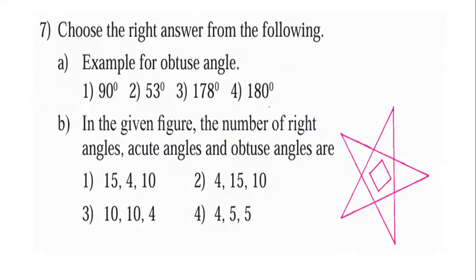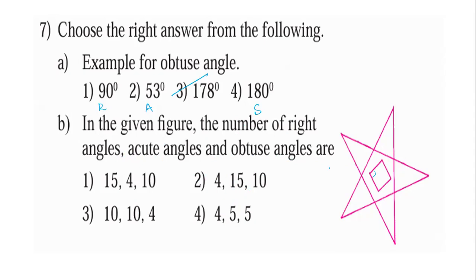Next, choose the right answer from the following. A. Example for obtuse angle. This is a right angle. This is an acute angle. This is a straight angle. This is an obtuse angle. In the given figure, the number of right angles, acute angles, and obtuse angles: right angles 1, 2, 3, 4. 4 right angles are there.